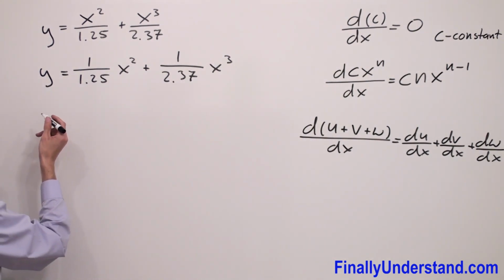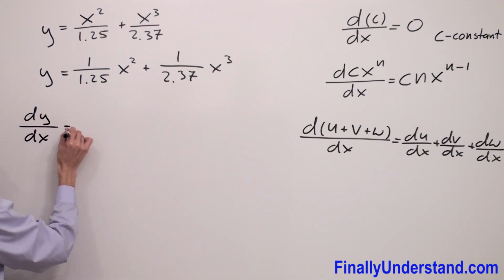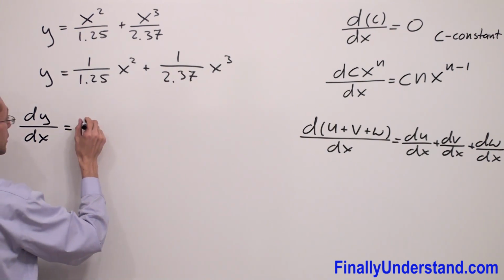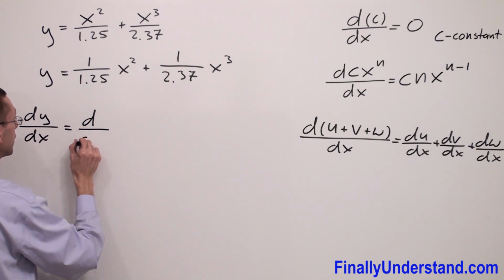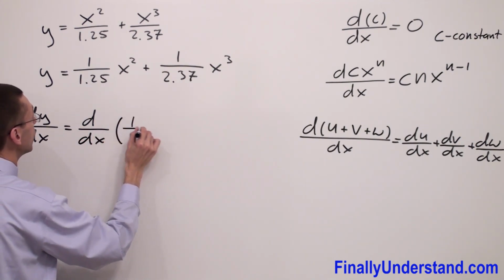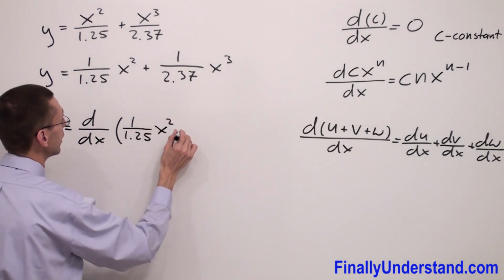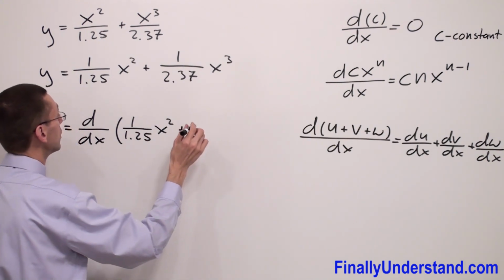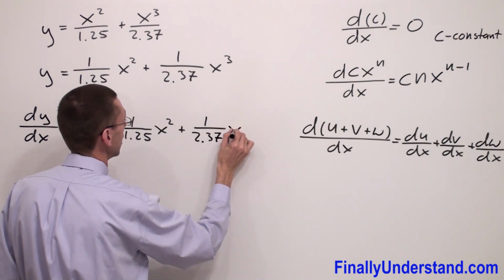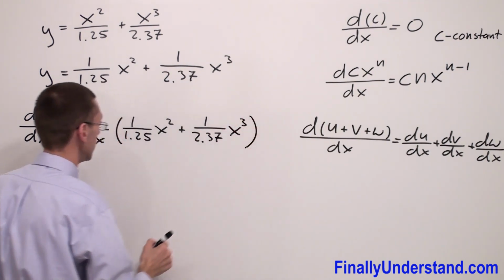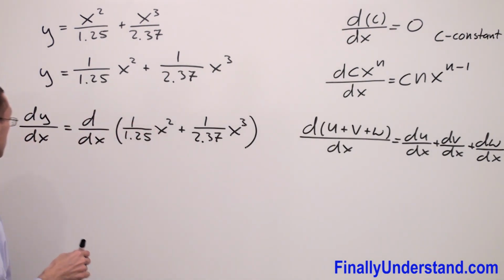So we have dy over dx equals the derivative of 1 over 1.25 x squared plus 1 over 2.37 x cubed. I always keep writing that because it will make you remember the steps.